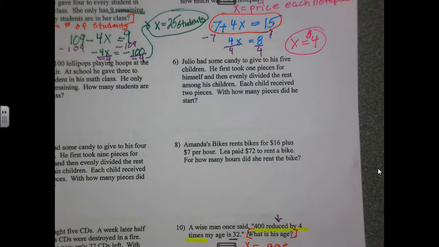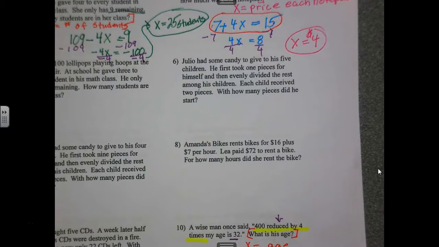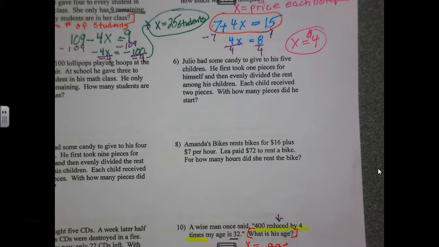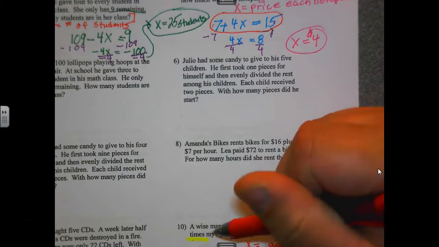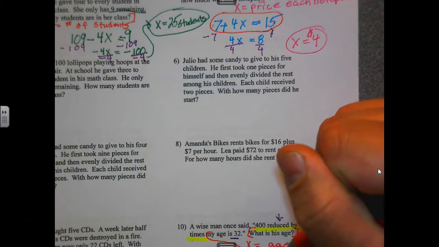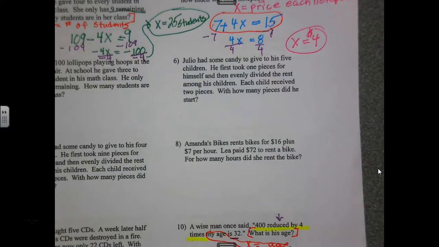It's my age. Joey, what's my age? Your age is your pen. What's my age? Well, that's how much I'm multiplying it by. What's my age?